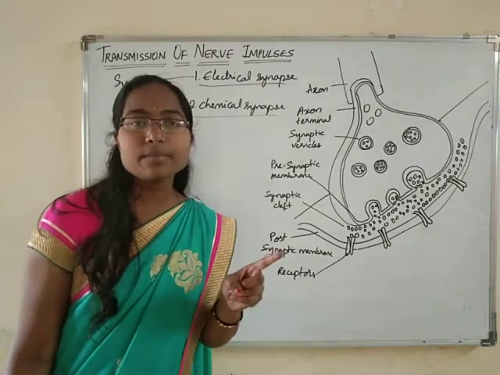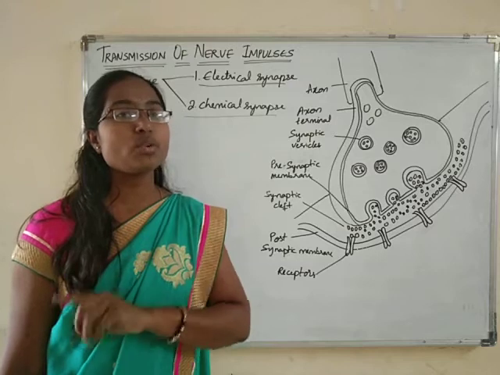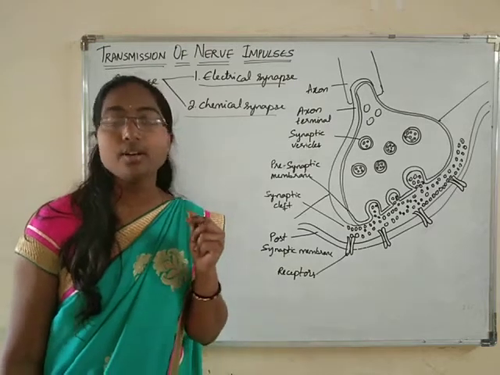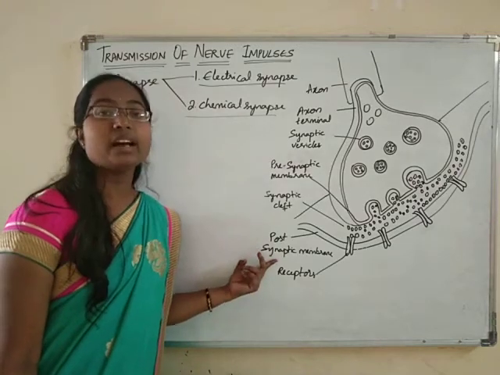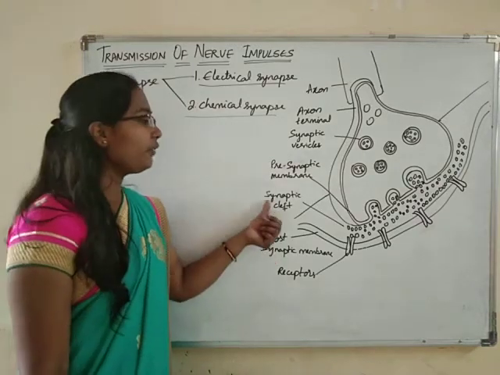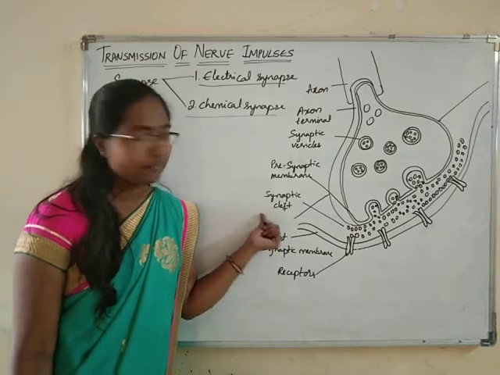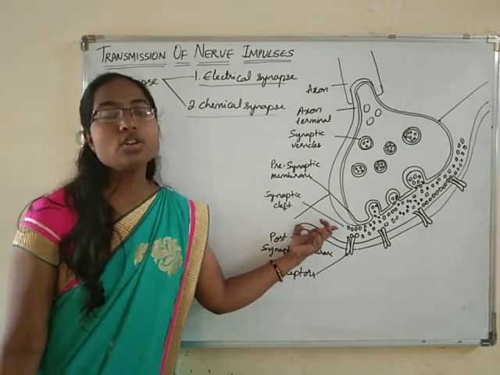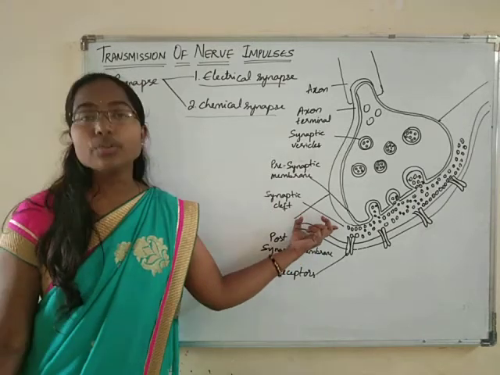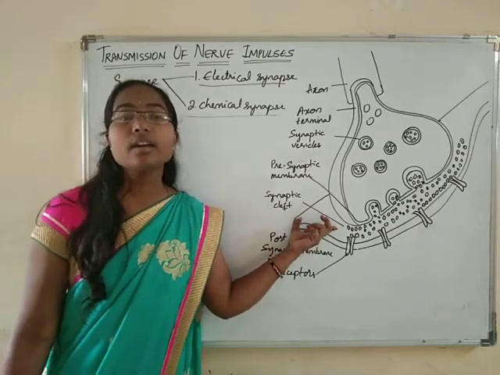In electrical synapses, the presynaptic and postsynaptic neurons are very close to each other. In the chemical synapse, they are separated by the synaptic cleft. So this region is the synaptic cleft. Now let us learn how the impulses are transmitted across the chemical synapse.